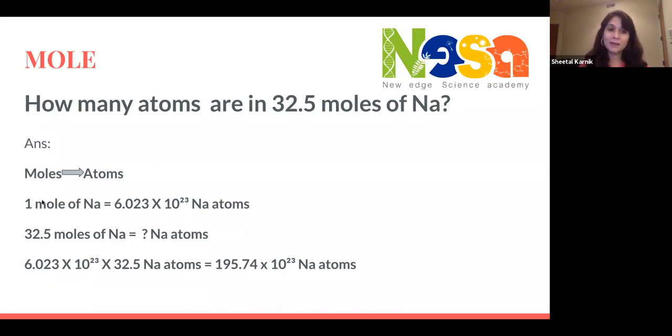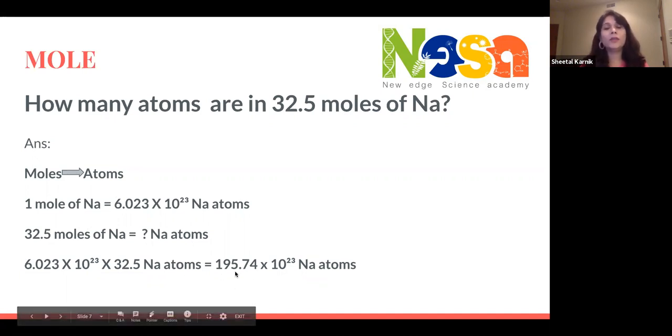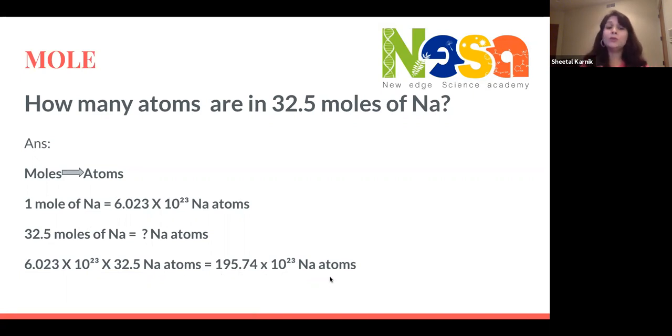As you can see, these 2 steps are very simple mathematical problems, the ones that you've been solving since 5th grade. So you solve for the number of sodium atoms and the answer is 195.74 times 10 to the 23rd sodium atoms. You would want to convert all these questions into simple mathematical form, which becomes very easy to understand and solve.